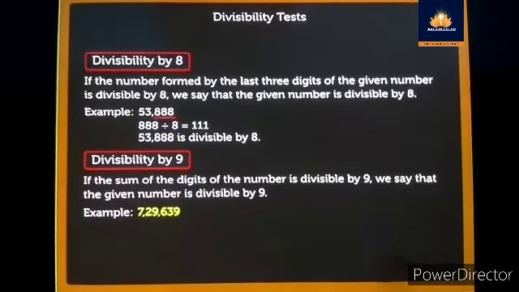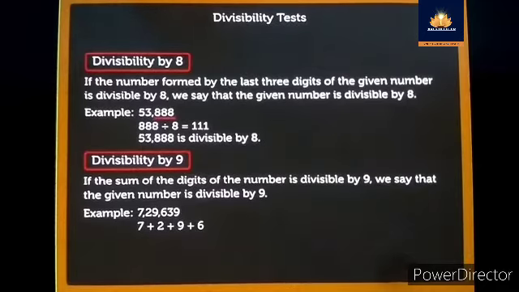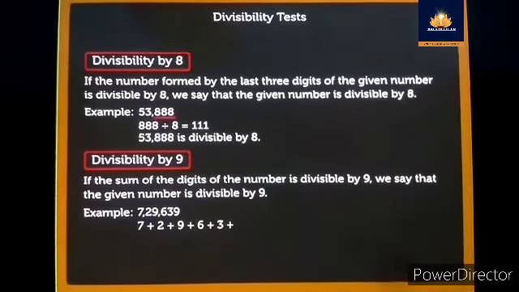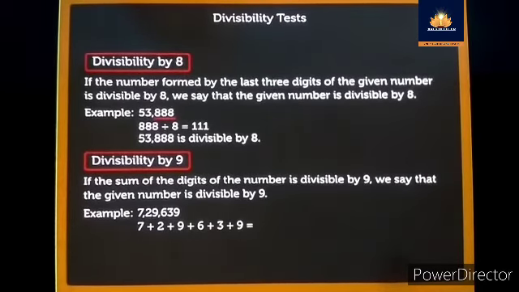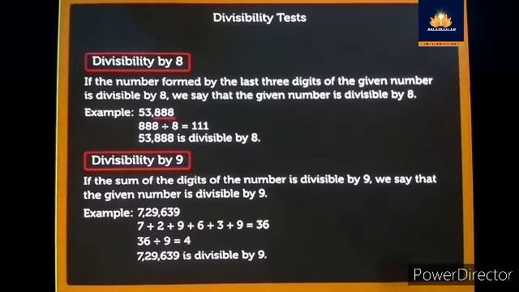Here on adding the digits, 7 plus 2 plus 9, 6, 3 plus 9, we get the sum as 36, which is divisible by 9. Thus, 7,29,639 is also divisible by 9.